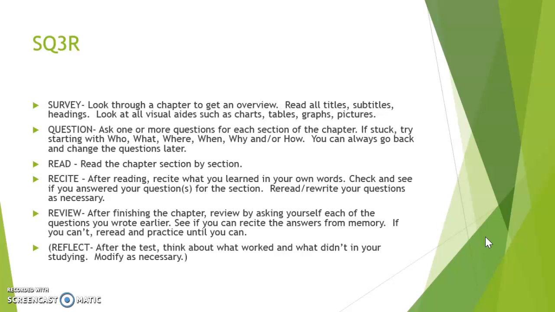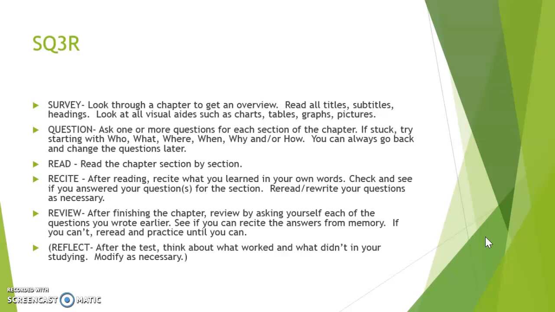In the SQ3R strategy, you continue on asking a question formed from each of the titles or subtitles. Next, you go on to the R, my favorite, read, because I love reading, and you read the chapter section by section. So going back to that first section, how you learn, I turned it into the question, how do I learn?